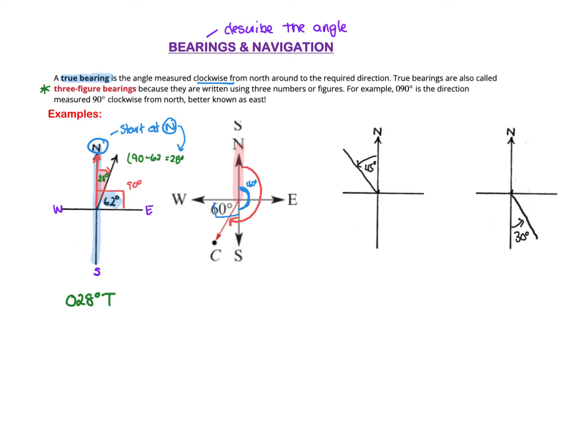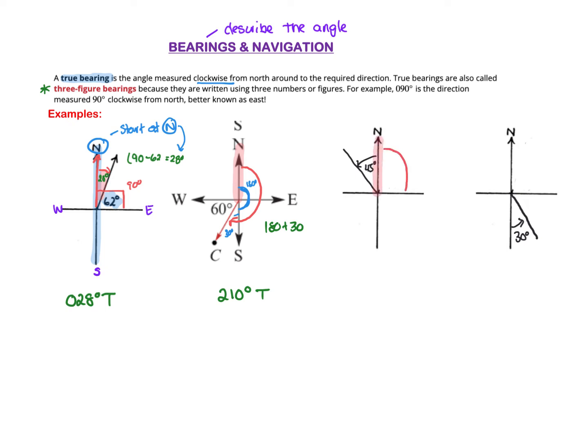So if you take away the 60 on that other side, what are we left with? In here this is going to be 30. So the total true bearing will be the 180 plus the 30. So what's the true bearing going to be? 210 degrees true.